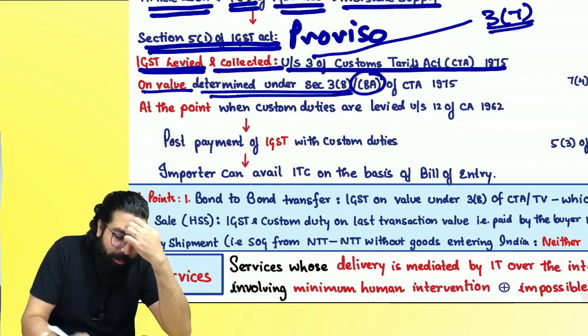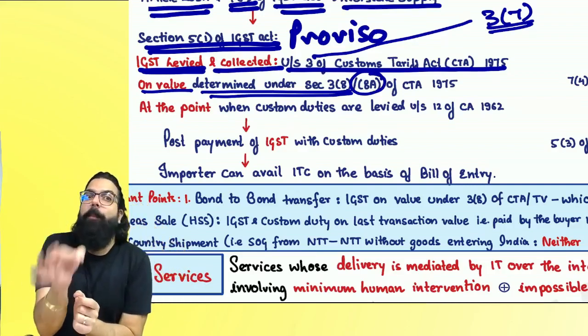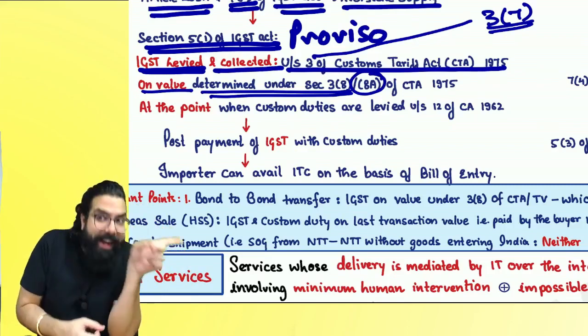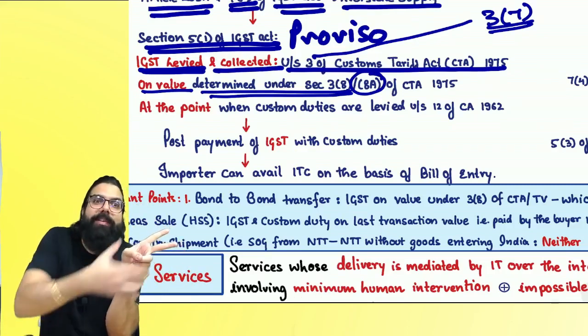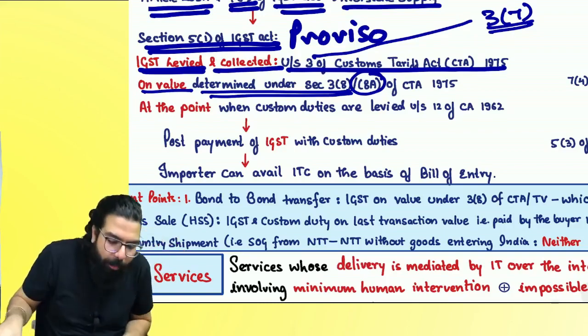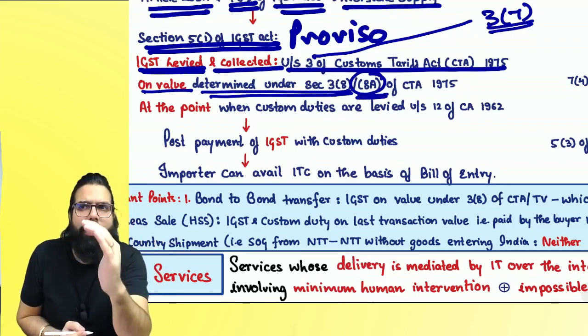What is 3(8)A, everyone? Bond to bond transfer. In case of bond to bond transfer, the 3(8) value or the transaction value, whichever is higher, is told by 3(8)A. Are you able to connect to this now?